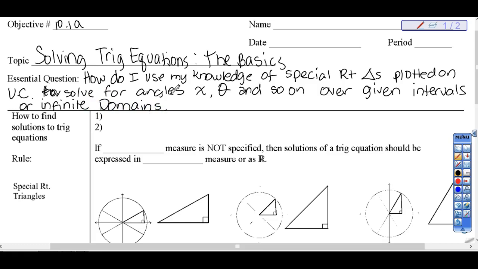So basically, over a period of 2 pi or over a period of 4 pi or over infinity, negative infinity to infinity.